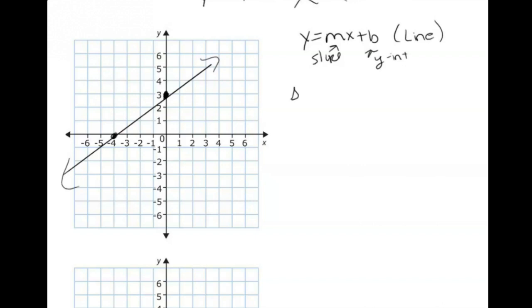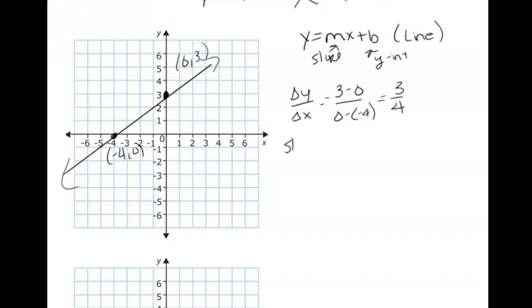Remember, we could use change of y over change of x. Okay, we could identify these points. This is going to be 0, 3. This is negative 4, 0. And you could write that out correctly, like 3 minus 0 over 0 minus negative 4. I'm going to assume you did well on that section and not step your way through it here, which would be 3 over 4.